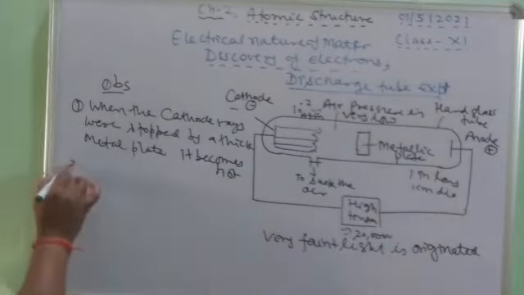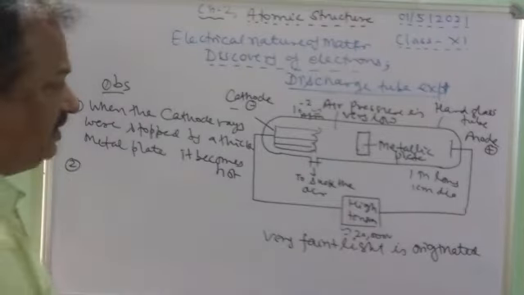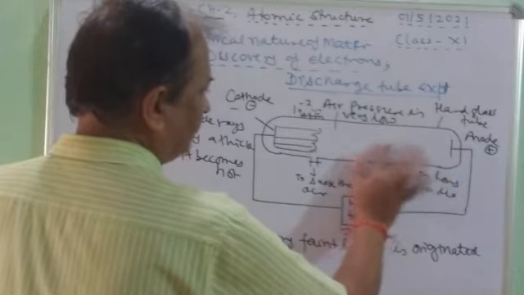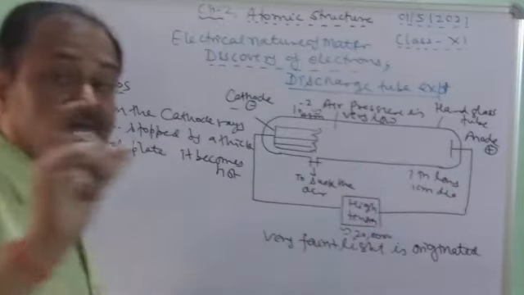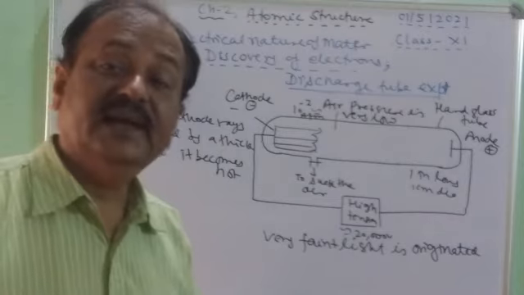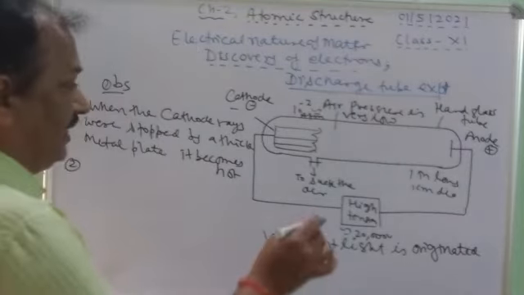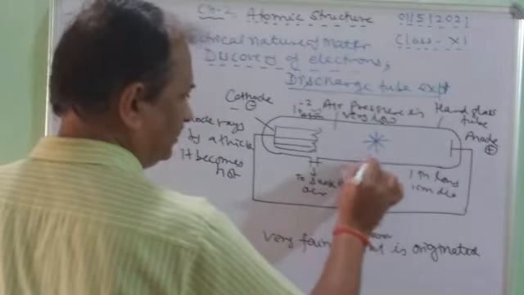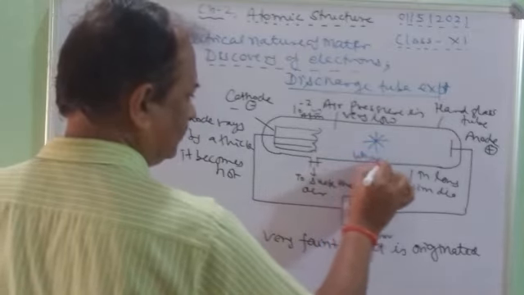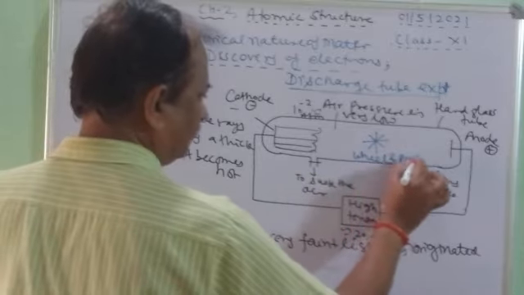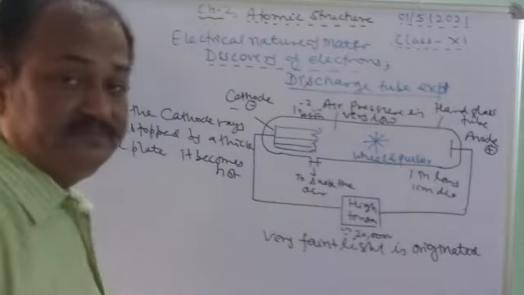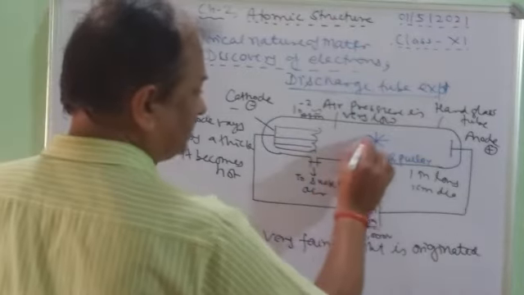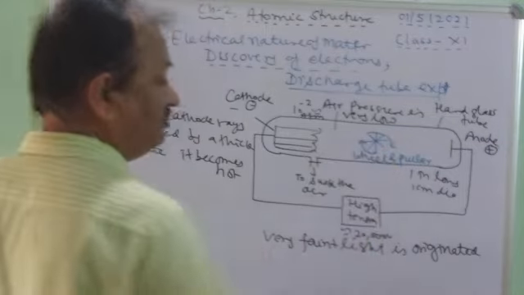Now second, if we remove the metallic plate and place a very light wheel and pulley here, then as the particles come out, the wheel begins to rotate.